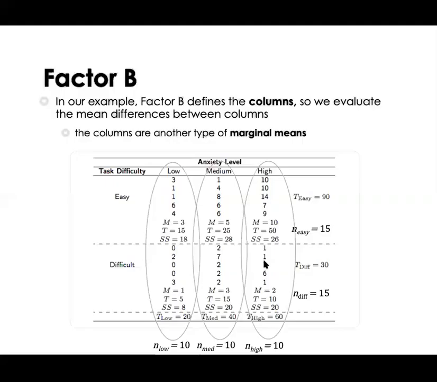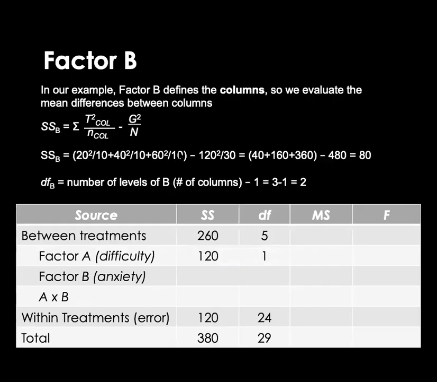We're going to do the same exact thing for factor B. In our example, factor B defines the columns. So we're going to evaluate the mean difference between columns. Down here at the bottom are marginal values. So sum of squares B is going to be the sum of T squared over n for each column minus G squared over n.